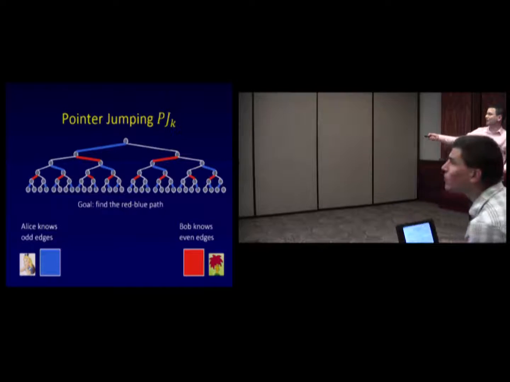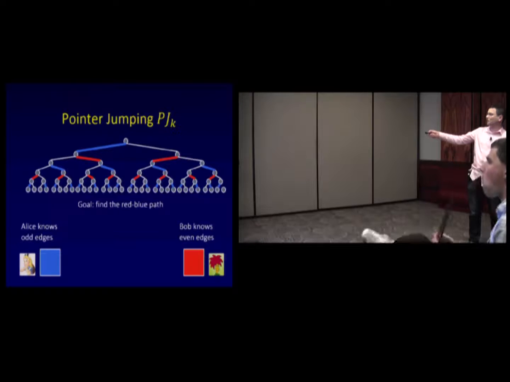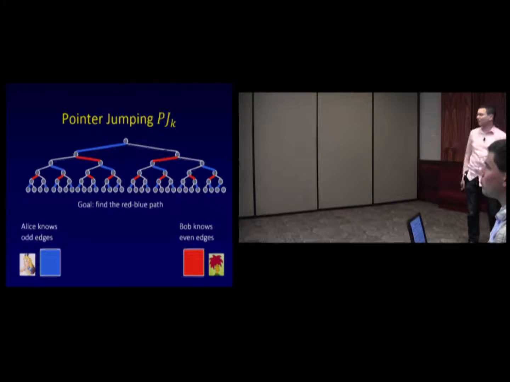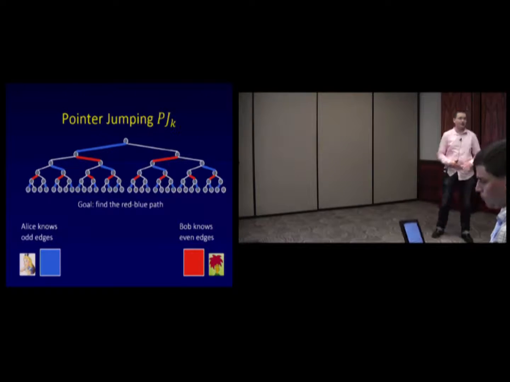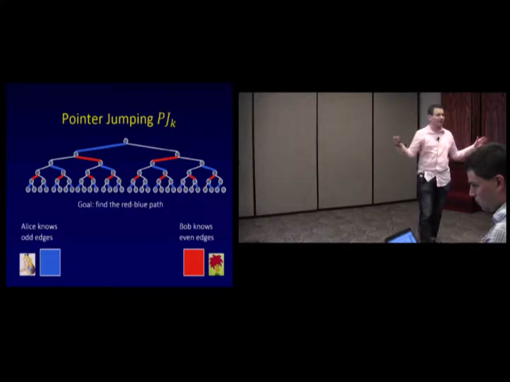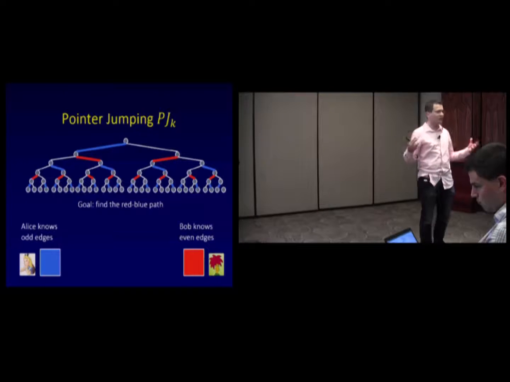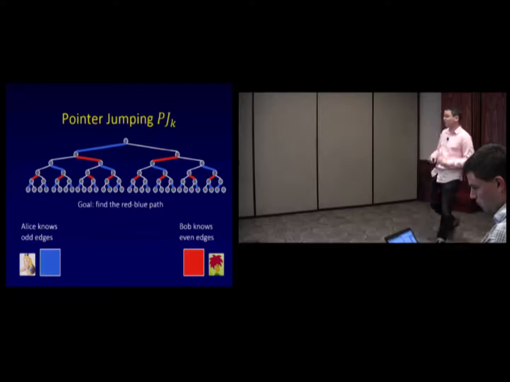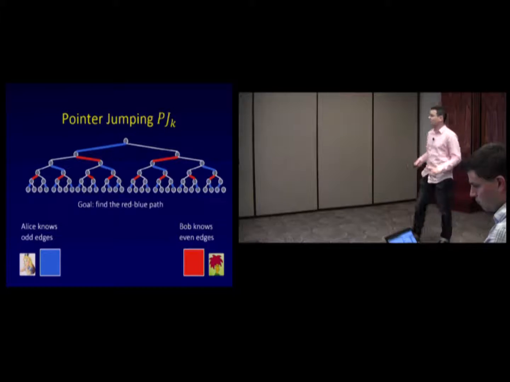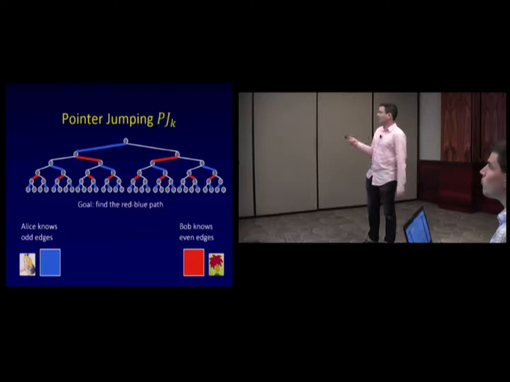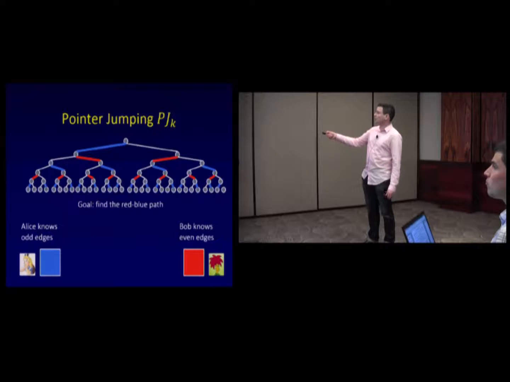And this red edge means that after a transcript of 1, 0, 1, Bob will want to send a 0. You can transform any possible protocol, because we are not worried about efficiency issues for now, into this format, and then the goal is to find the unique red-blue path from root to leaf. So just following this.